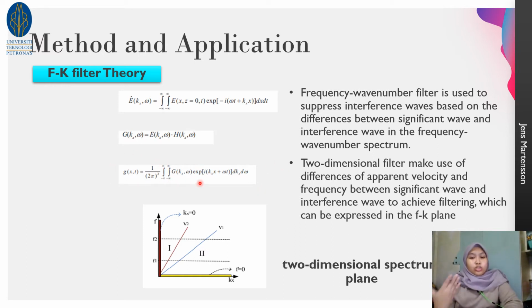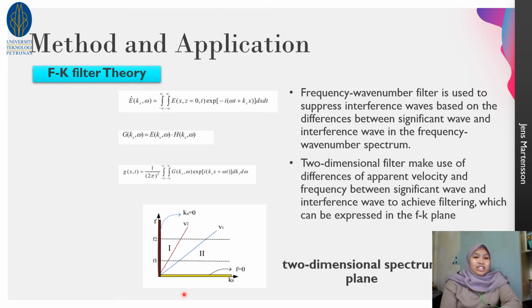So the two-dimensional filter makes use of the different apparent velocity and frequency between a significant wave and an interference wave to achieve filtering, which can be expressed in an FK plane.